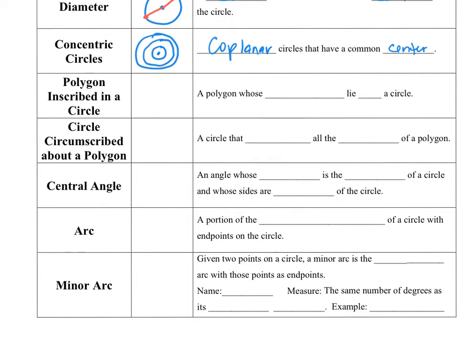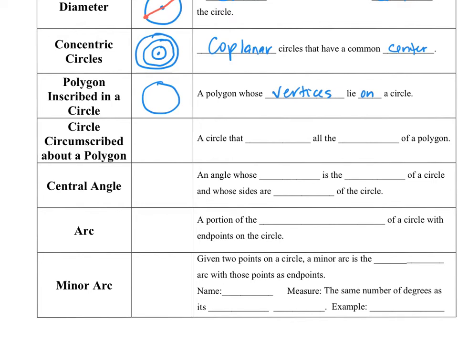Okay, the next is a phrase you need to understand: a polygon that's inscribed in a circle. A polygon inscribed in a circle is a polygon whose vertices lie on the circle. So let's draw an example. Draw a circle, and we're going to draw a quadrilateral that is inscribed in this circle.